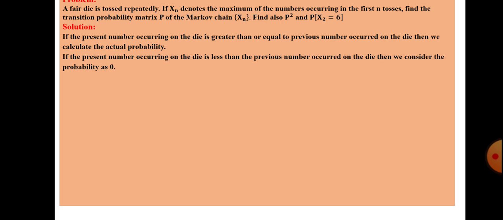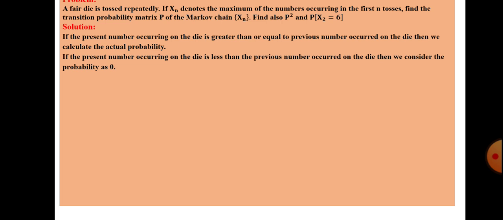So suppose you are getting 6, then what are the chances in a die? When rolling a die, you can get 1 or 2 or 3 or 4 or 5 or 6. So you have to add all the probabilities, 1/6 plus 1/6 and so on up to 6 terms, 1/6 six times. That is the actual probability.